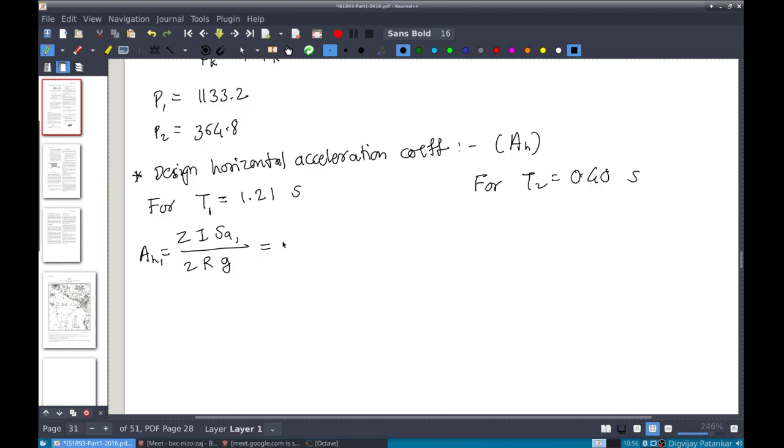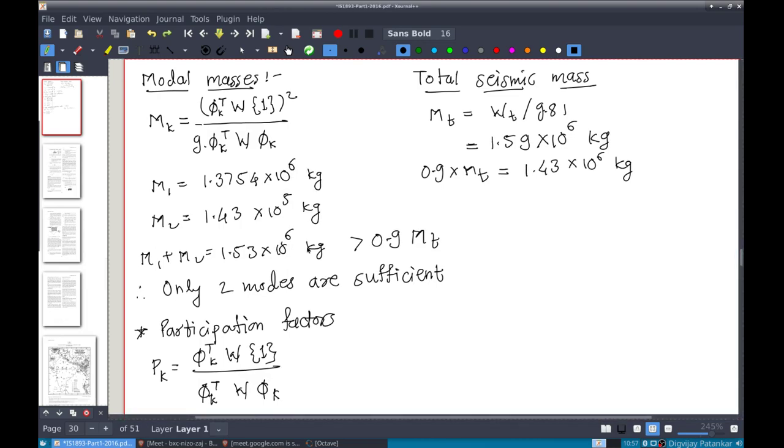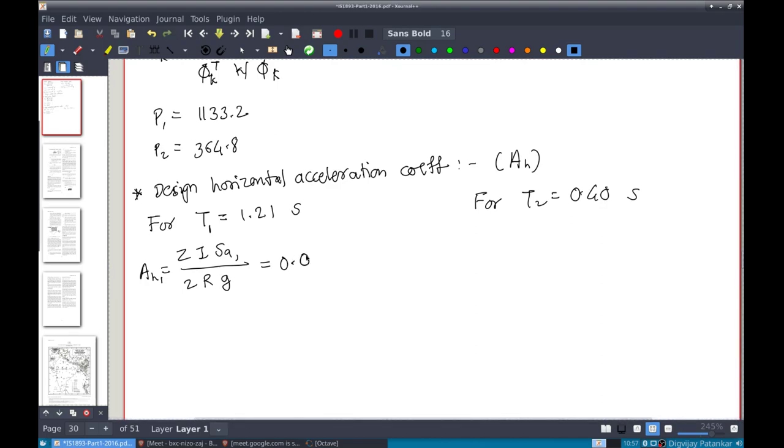What is Ah1? 0.0198. What is it? 0.0198. Ah1. 0.0198.